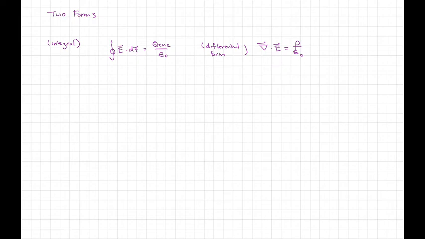Okay, we're going to apply both of these laws to a general volume charge distribution. So let's remember what that looks like.